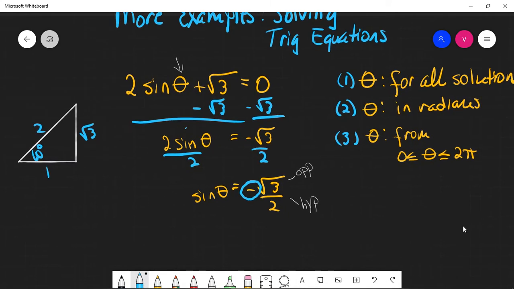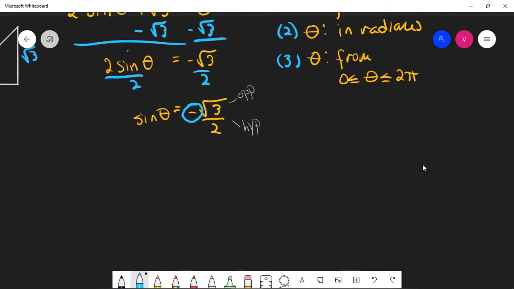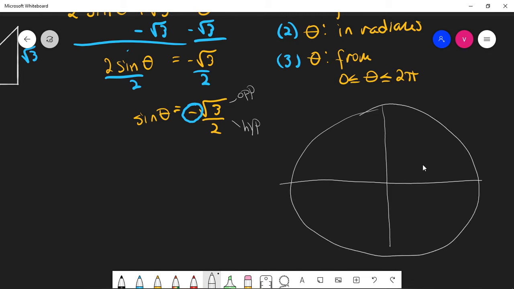So let's draw our unit circle here. Where is the sine negative? Again, the sine of an angle is equal to y over r. The radius is always positive. So if you're looking for negative sine ratios, that would be where all the y's are negative, and that would be in quadrant 3 and quadrant 4 down here.